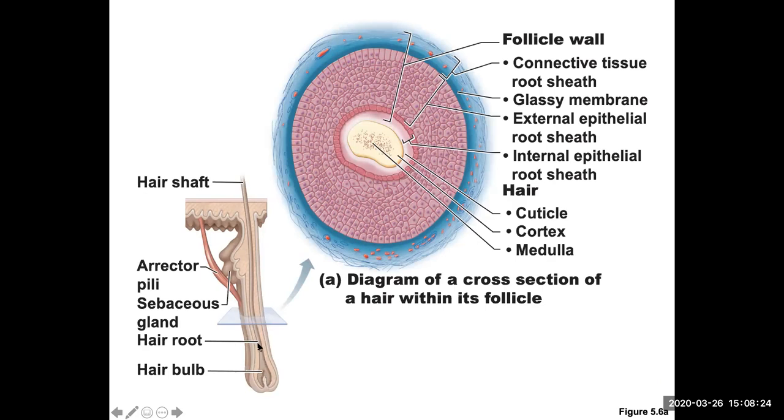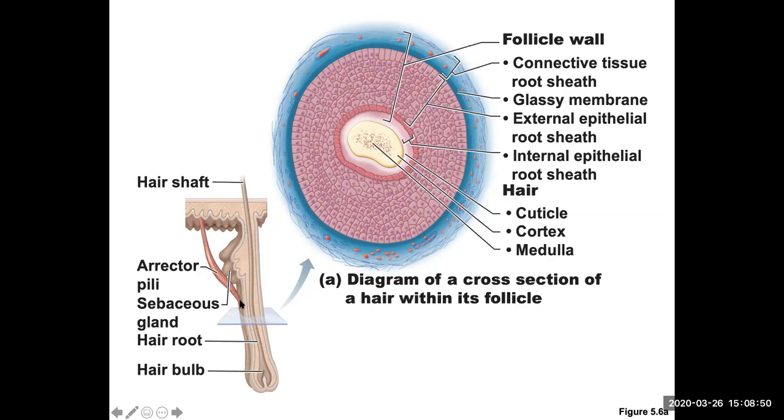Everything that is below the skin surface is considered to be the root, and everything above the surface of the skin, visible to the outside, is considered the hair shaft. Your hairs are usually associated with a sebaceous gland, which is an oil-producing gland that we'll talk about shortly. In order to keep that hair waterproof and soft, you need those oils.